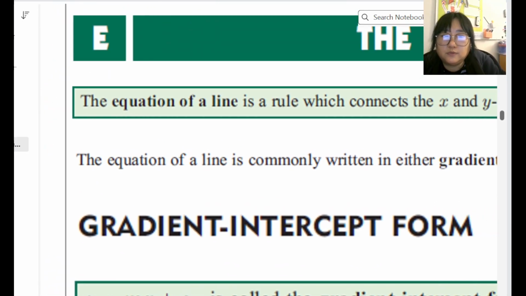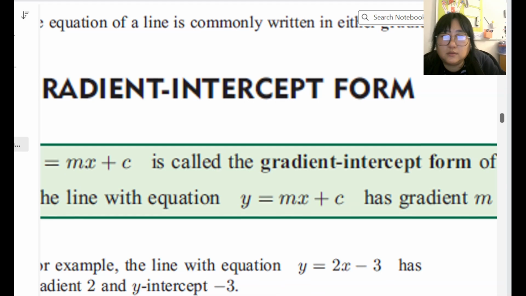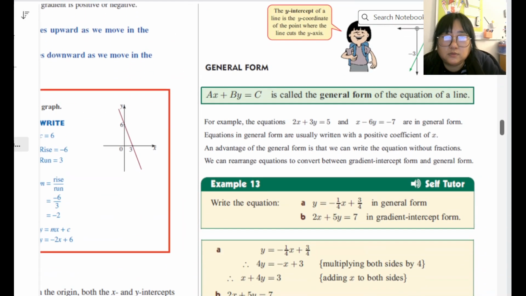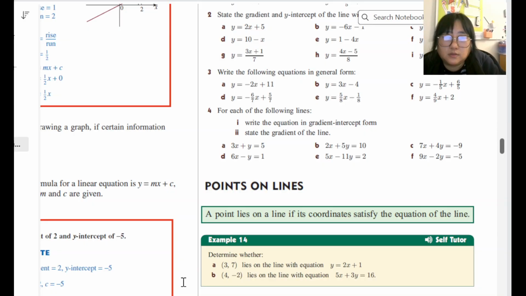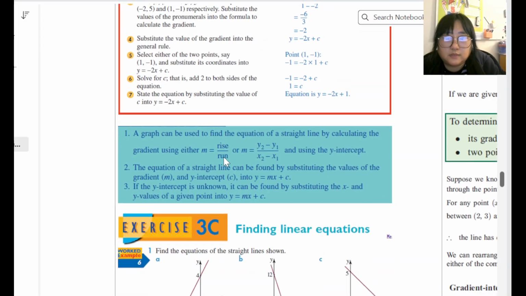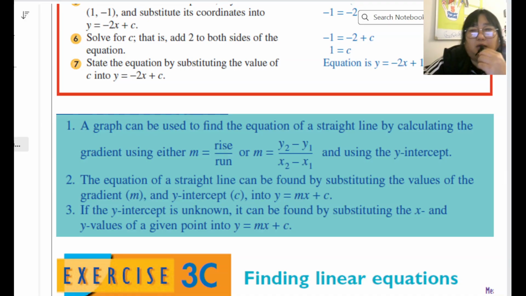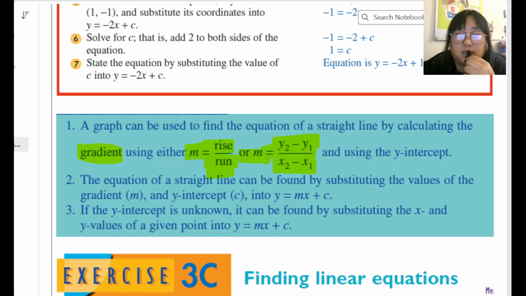So the gradient formula: a graph can be used to find the equation of a straight line by calculating the gradient using m equals rise over run, or m equals y2 take y1 over x2 take x1. Okay, we can find the gradient.